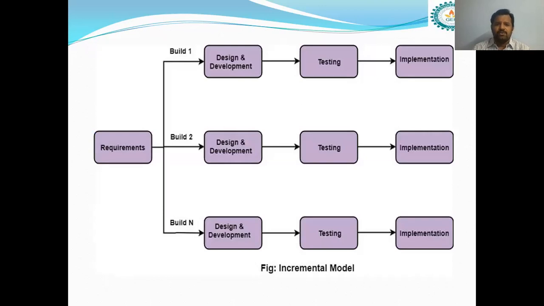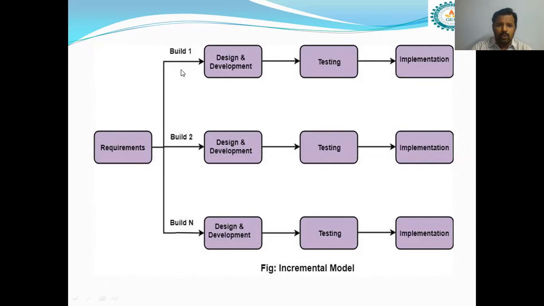So the diagram shows the incremental model. First, requirements phase. After that, we go to design and development phase, later testing, later implementation. This is build one. A build means that after developing the particular module, it is called a build. That build is released to the testing department to perform the testing.